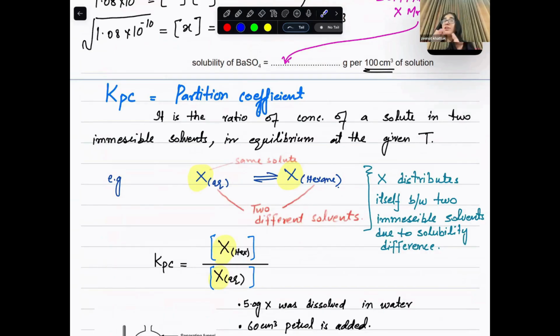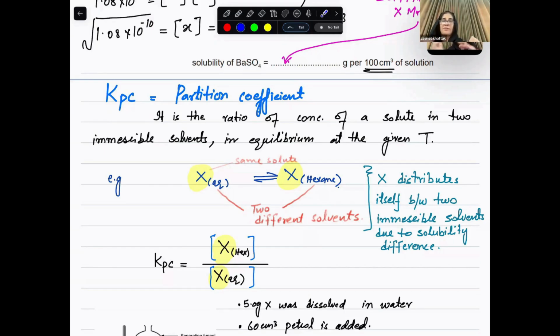You know what is partitioning? What is partition coefficient? Partition coefficient actually shows how a solute distributes itself between two immiscible solvents. Like, look, there are two solvents that are immiscible in a container.